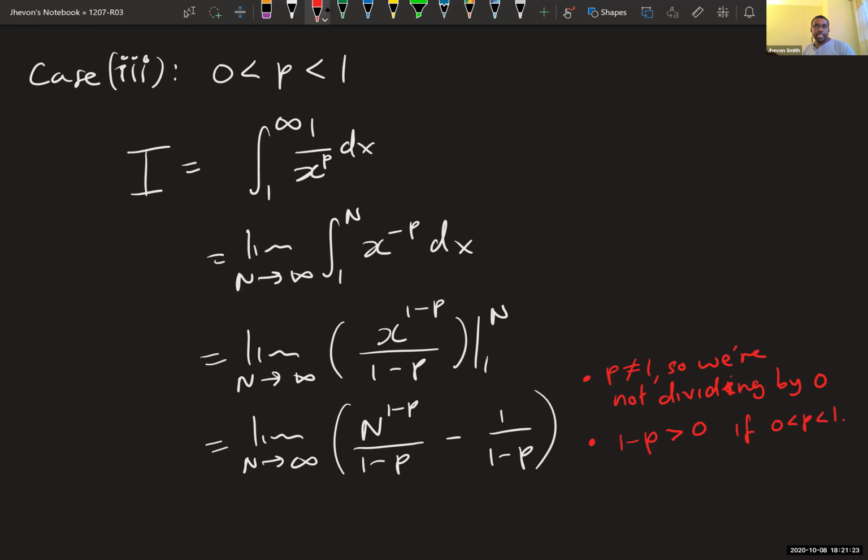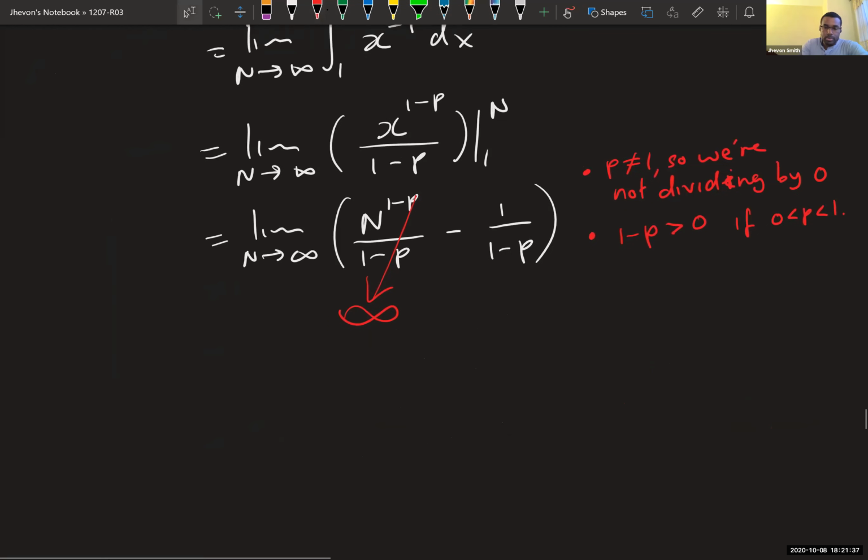So if something is less than 1, I take 1 minus something that's less than 1, it means that this is a positive power. So I have n raised to a positive power, and my n is going off to infinity. So that goes off to infinity. So it diverges in this case as well.